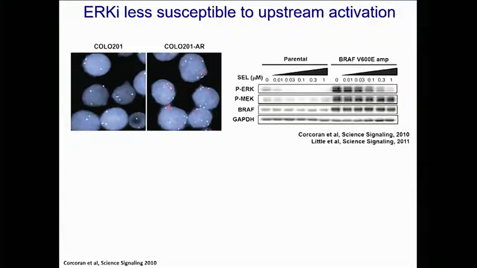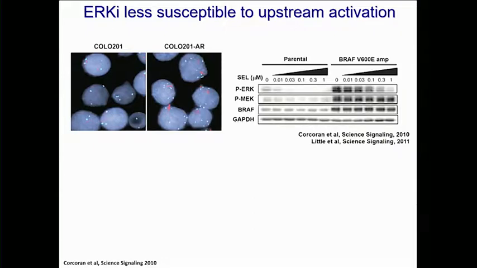And this actually goes back to one of the first papers I published as a postdoc, where we treated BRAF mutant colorectal cancer cells with a MEK inhibitor until they began to grow and were thoroughly resistant to the drug. And what we found was amplification of BRAF V600E, something we've now found quite commonly in patients.